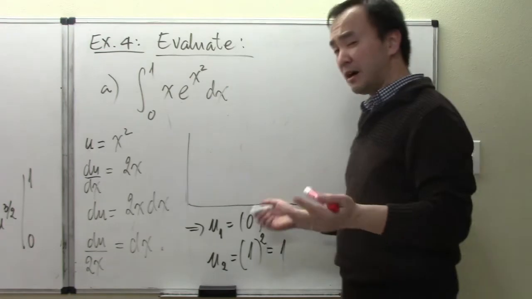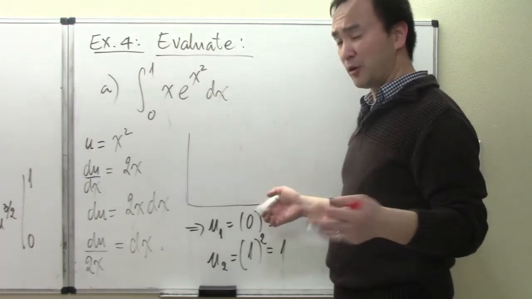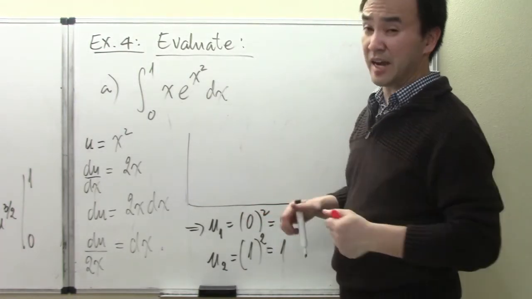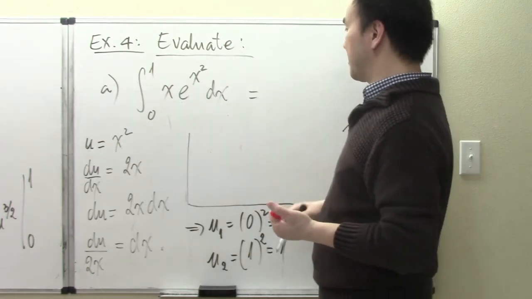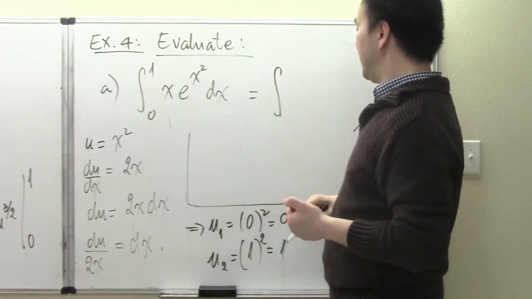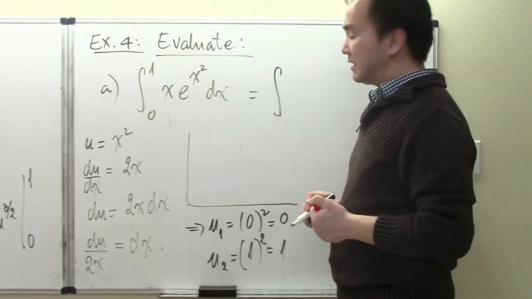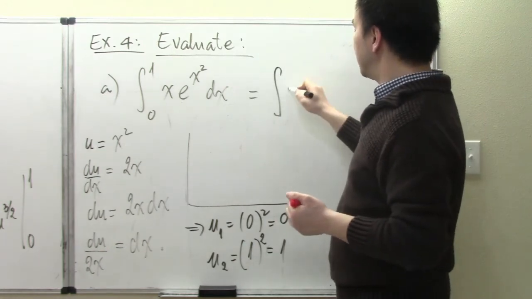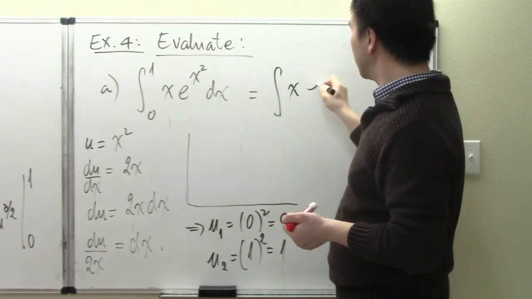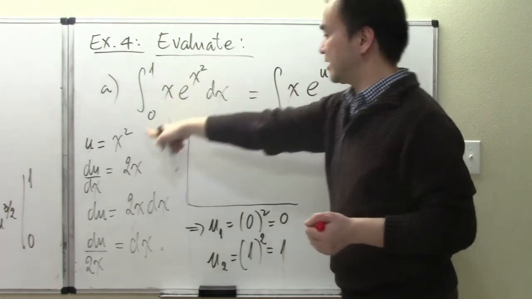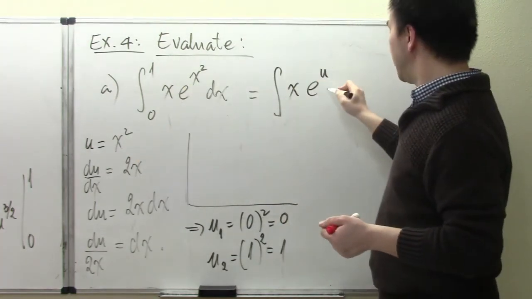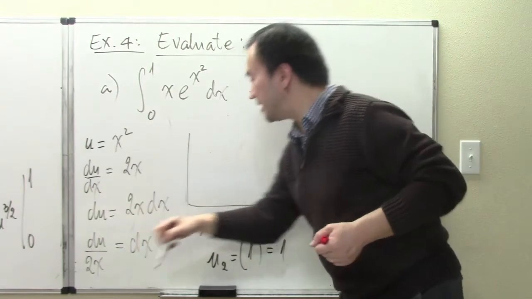And so sometimes the integral turns out looking almost alike, but it doesn't really mean the same. So now, as a definite integral, there's x here that didn't get a substitution for, e to the u, because x squared is substituted by u. dx is substituted by du over 2x.